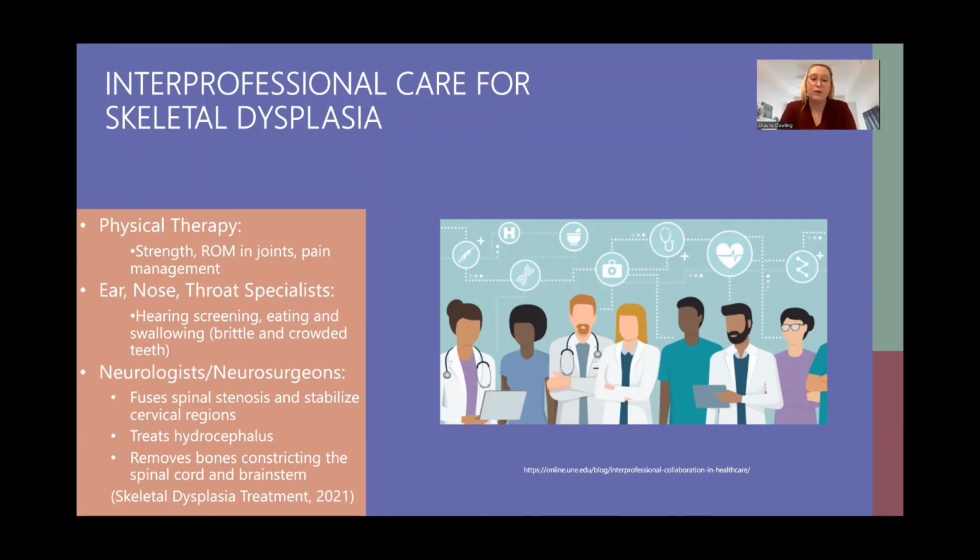ENTs will assist with hearing screenings, eating and swallowing, because as we did say, a condition is brittle and crowded teeth. Neurologists and neurosurgeons are really important for skeletal dysplasia because they assist with fusing spinal stenosis and stabilizing the cervical regions. They also treat hydrocephalus, and they remove the bones constricting the spinal cord and brainstem of their patients to help relieve some pain.